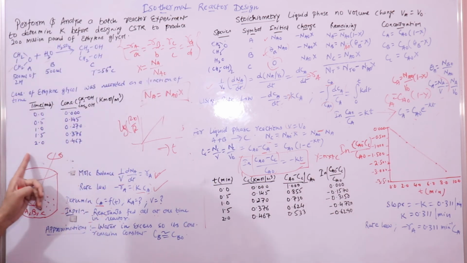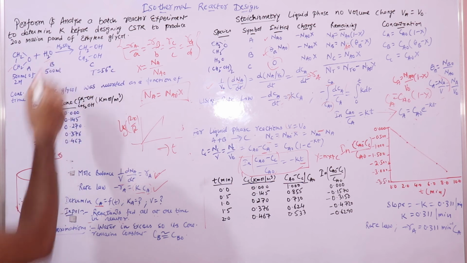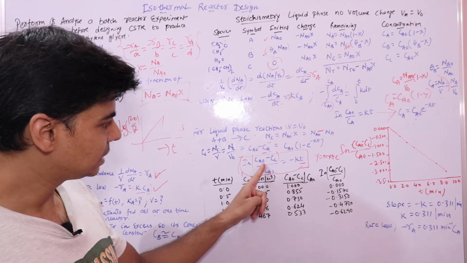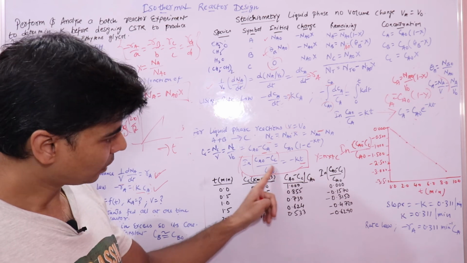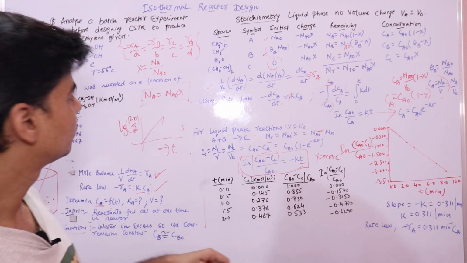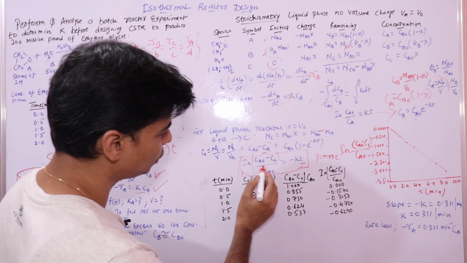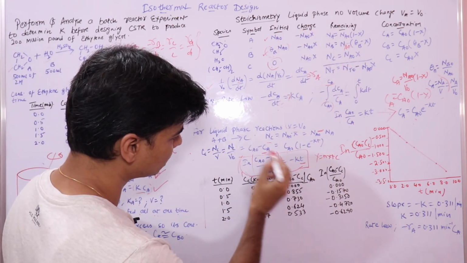We have been given the concentration of the product, ethylene glycol. So Ca0 minus Cc upon Ca0 you will calculate from the stoichiometric table, and you will get different values of this term.